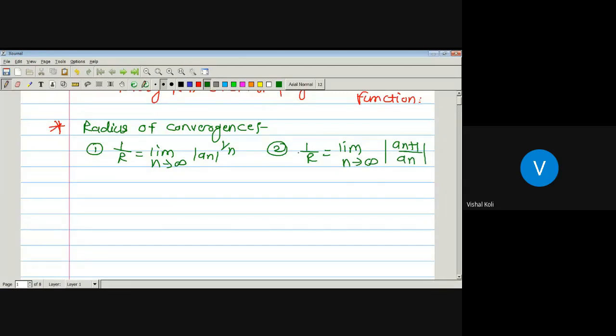So these are the formulas for finding the radius of convergence whenever there is a series, n running from 0 to infinity, a n into z minus a to the power n.